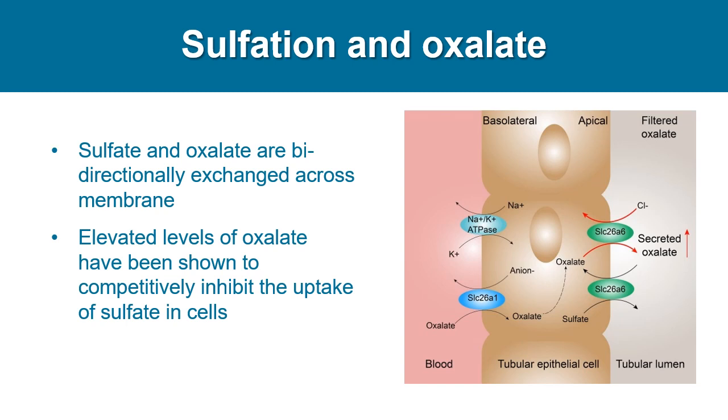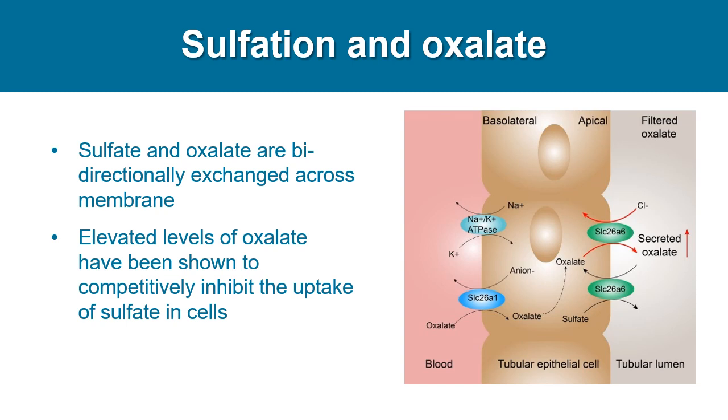I spoke a little bit about how sulfate and oxalate are bidirectionally exchanged previously, but this is really important to understand. I think it's an important piece of the oxalate story, and a lot of knowledgeable practitioners just miss this piece. They think mainly about oxalate precipitating itself, but they're missing how it affects different biochemical processes in the body.